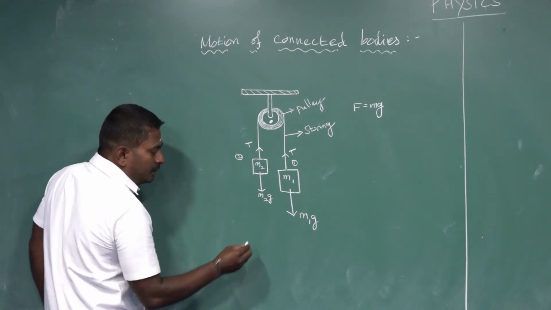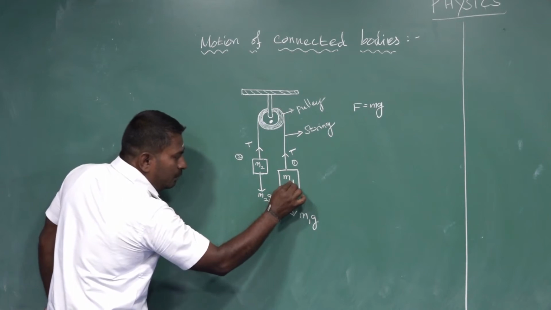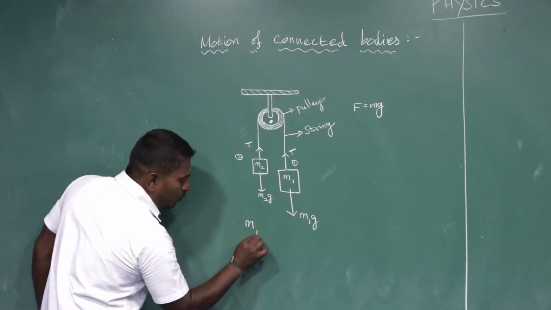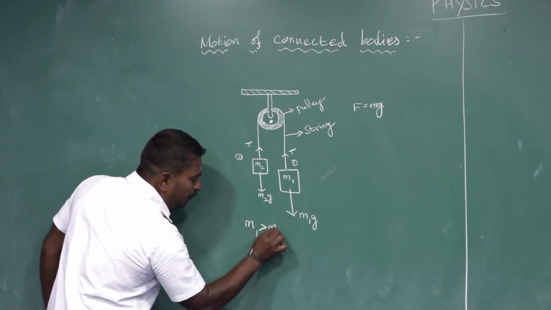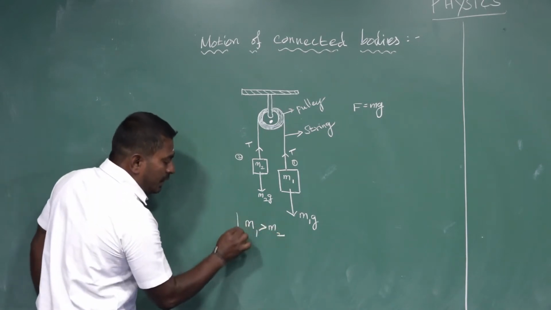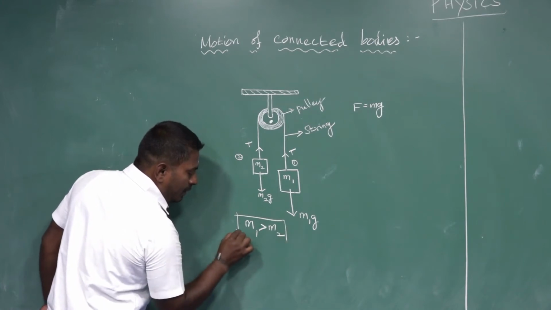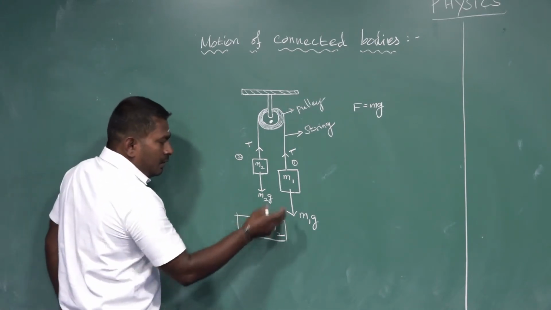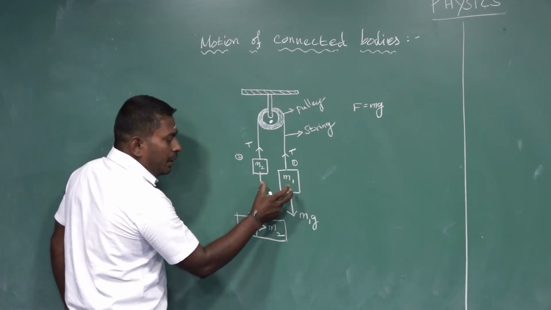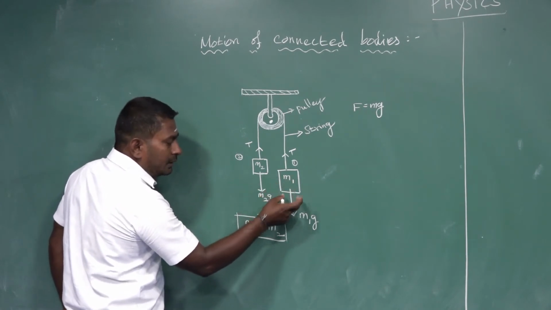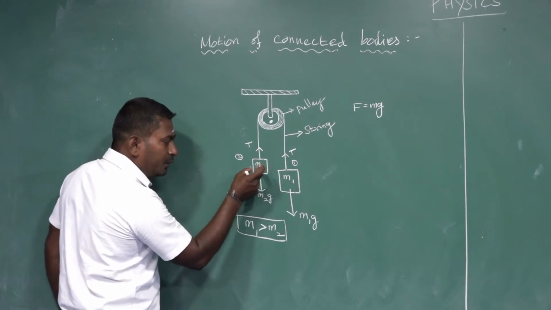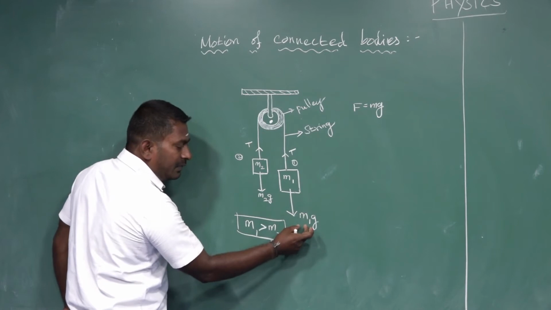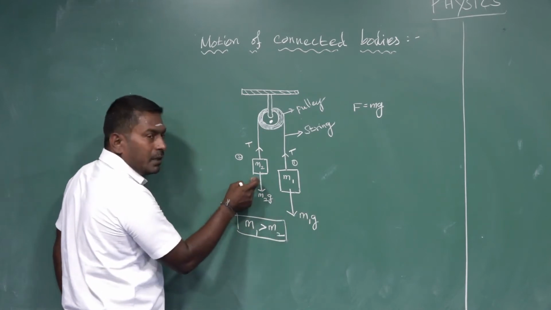But in the case where the M1 mass is greater than the M2 mass, this is the condition. Out of these two masses, M1 is greater than M2, so the first mass experiences greater gravitational force compared to the second mass.